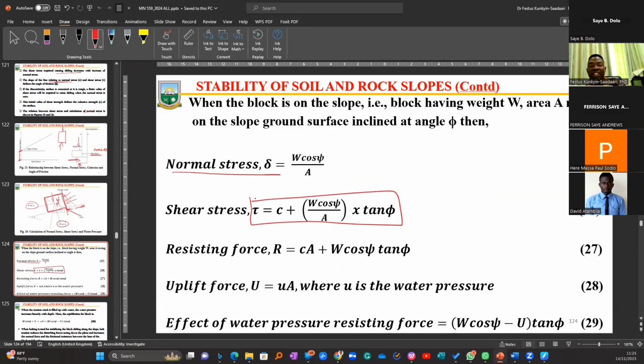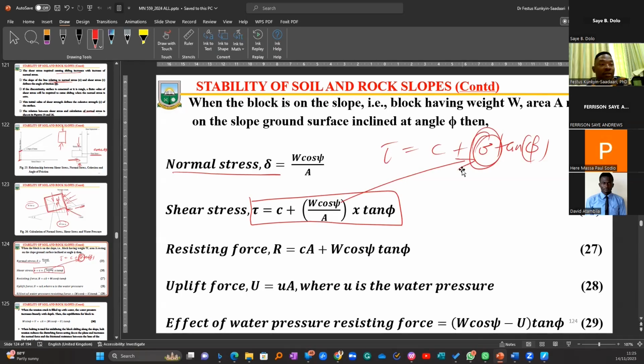If you want to measure the shear strength, what did we say it was? The shear strength, tau, was equal to C plus sigma tan theta. So now instead of the normal this thing, we are replacing this normal strength with what?